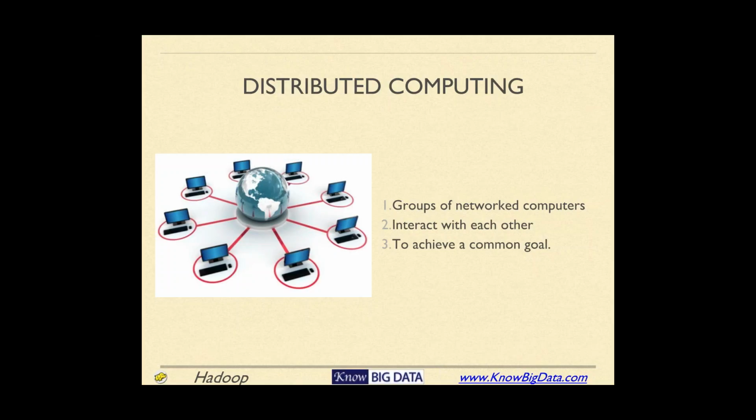And a group of computers is far more powerful than a single computer, meaning even if you have a supercomputer, it will not be able to give you a great throughput even as compared to five decent size servers. All right.